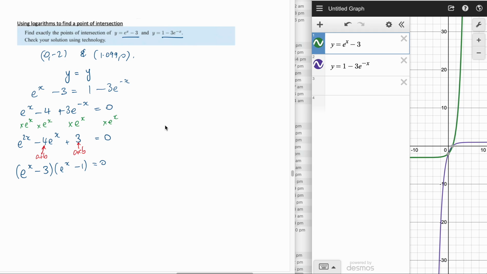Now, if you didn't follow along with that, we can do something nifty. y's already been used up, so let's use z. Let z equal e to the x. So e to the 2x is going to become e to the x squared, take 4e to the x plus 3 is equal to 0. So that's z squared minus 4z plus 3 is equal to 0.